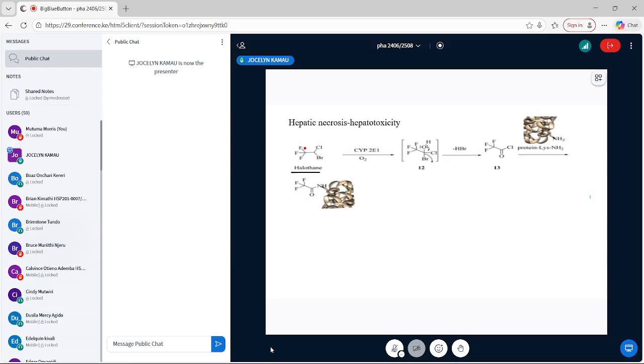This is our halothane. As you can see, on this position there is a hydrogen, and because of that hydrogen, it can undergo oxidative hydroxylation catalyzed by cytochrome 2E1 and 2D6 in the presence of oxygen, to give us, as you can see in the square brackets, a compound that is unstable.